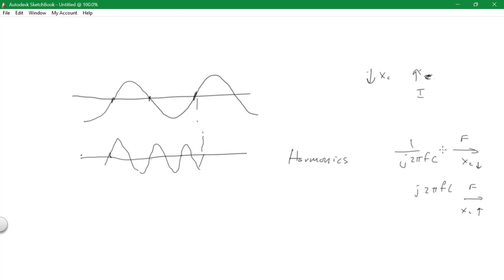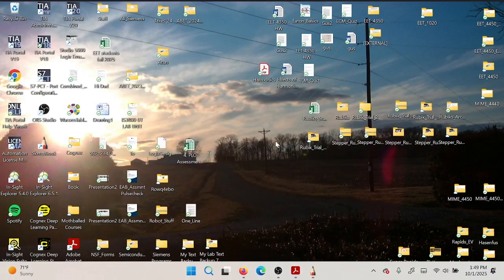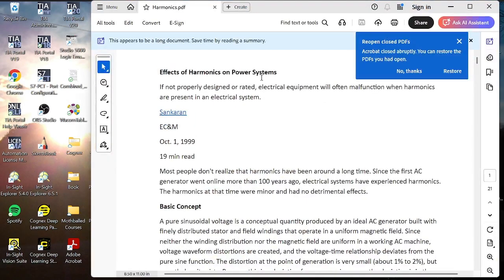Could be something else, but it's probably because of this. Okay? So let's go back and look and see where those came from and why it's important that you might be noticing them about harmonics.